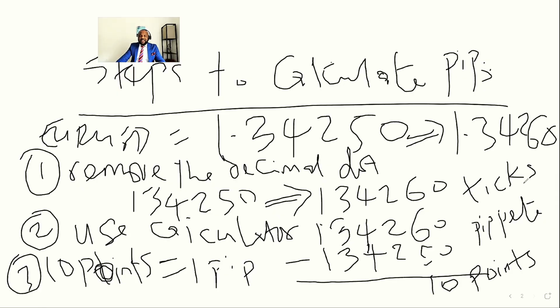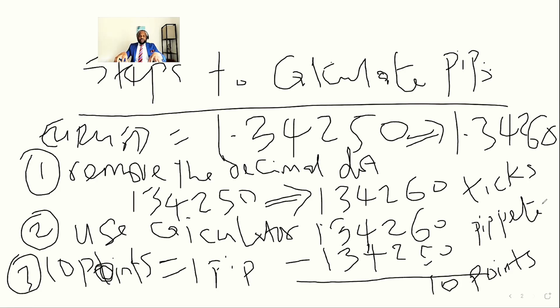You are trying to find the number of pips between a price level and another price level. Let's say price moves from 1.34250. Then later you saw that price has moved to 1.34260, and you're now asking yourself, how many pips has price moved? That's what we're trying to calculate. So we got 10 points.